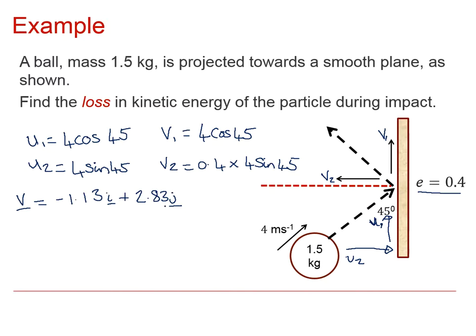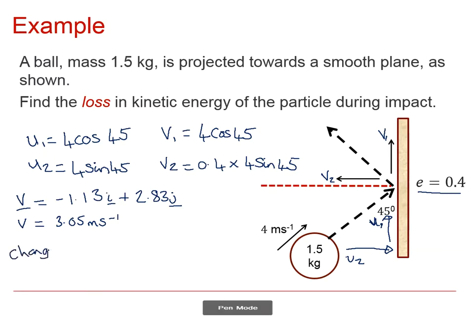Now, as we're calculating the kinetic energy and the loss in kinetic energy, what we actually want is the speed. So the speed here is 3.05 meters per second.